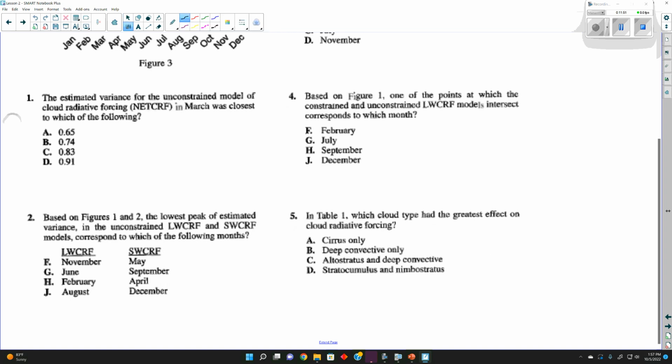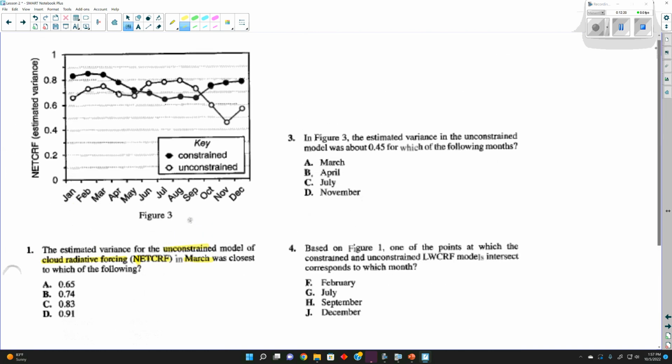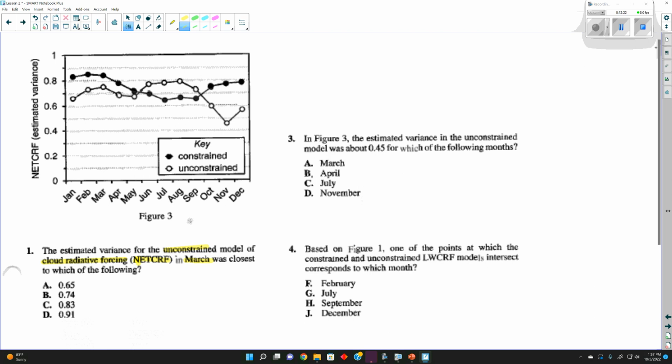So when we look at this, there's some key piece of information that we have, because we do have cloud radiative forcing in March. So we have a few figures in constrained or unconstrained. Unconstrained in March. Well, we can look at figure 3.